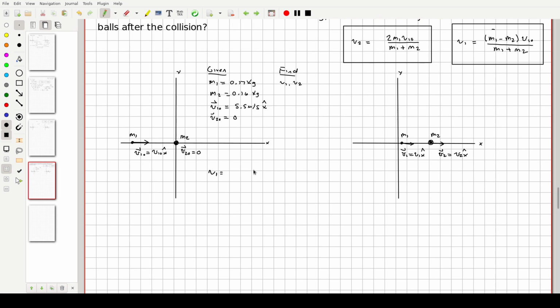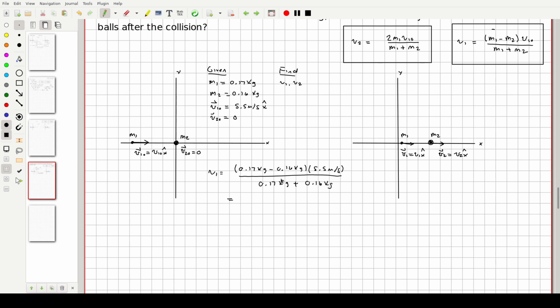V1 is going to equal M1 minus M2, 0.17 kilograms minus 0.16 kilograms, times V1 naught. V1 naught's 5.5 meters per second. And then we have to divide it by 0.17 kilograms plus 0.16 kilograms. So let's see what I get there.